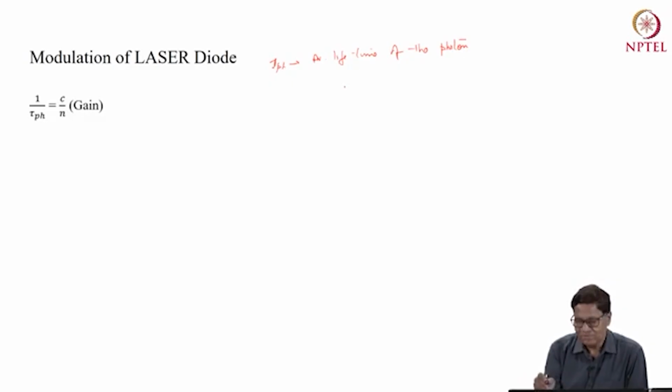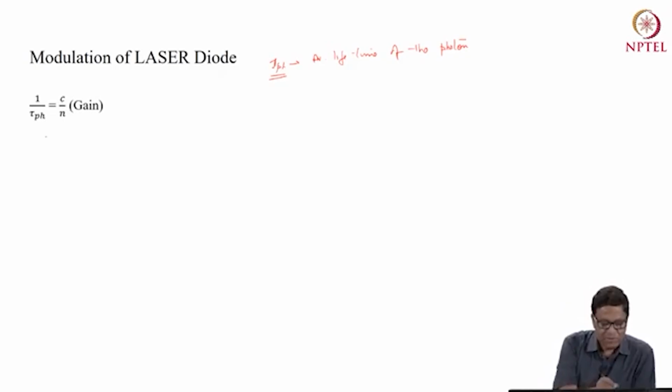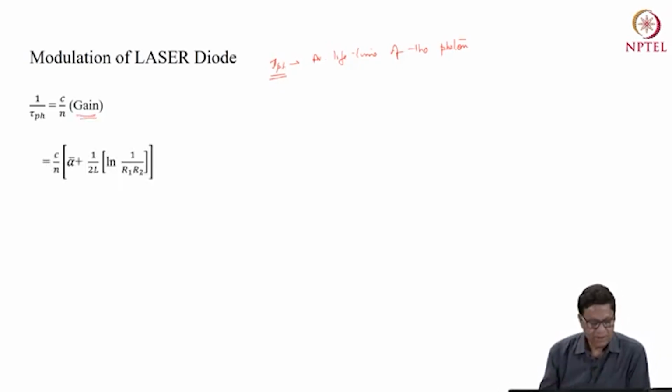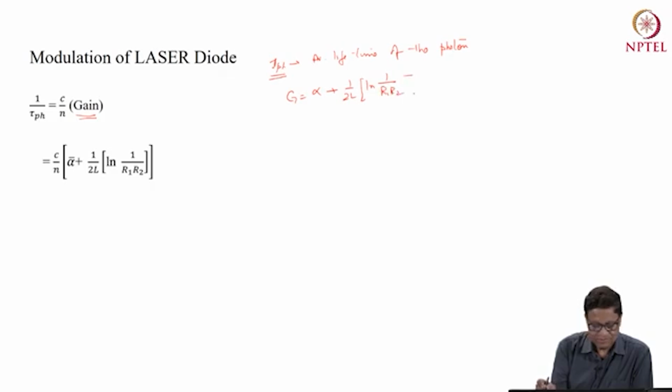So you find out the average lifetime. So τph is called the average lifetime of the photon before it comes out or gets absorbed inside the material. That 1 by τph is given by c by n into gain. And gain we have seen for the lasing condition was g equal to alpha plus 1 by 2L log natural R1 over R2.